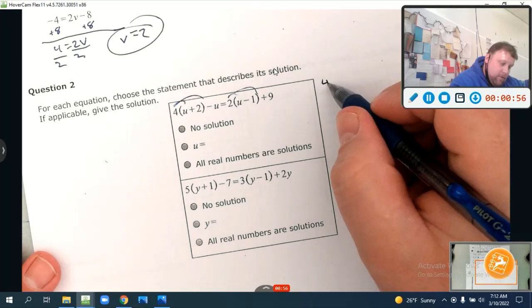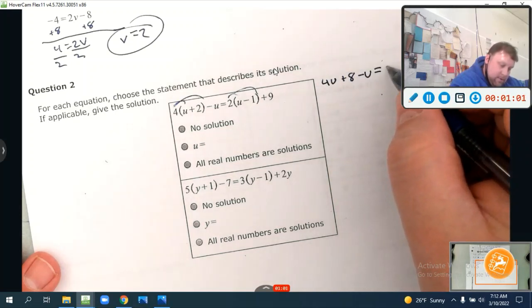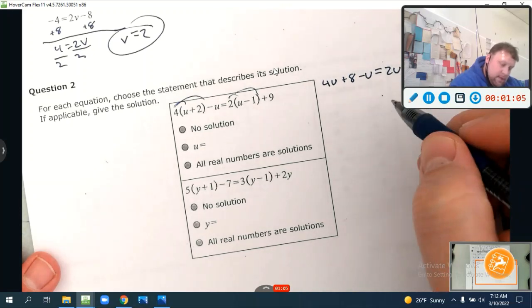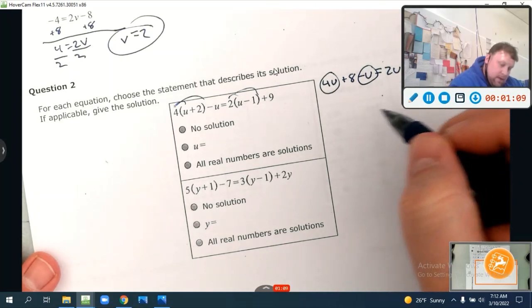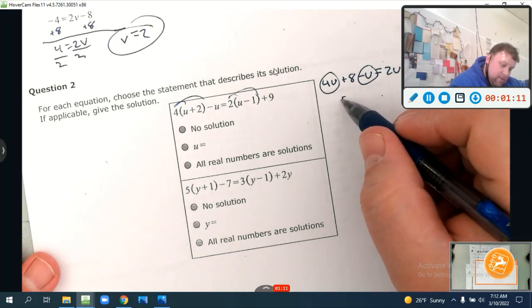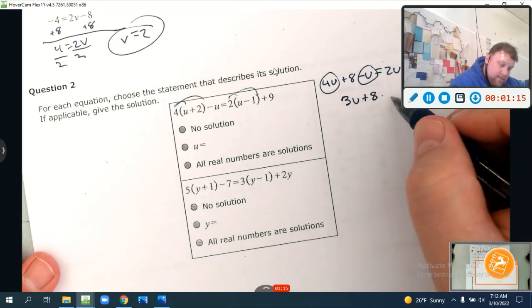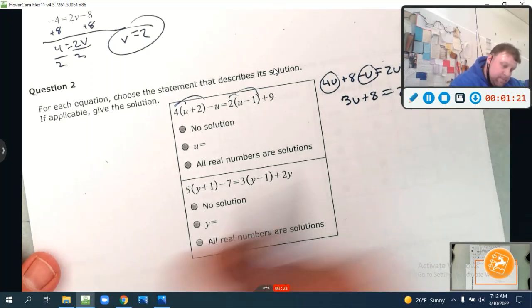So I'm going to get 4u plus 8 minus u equals 2u minus 2 plus 9. Let's combine like terms, 4u and minus u. That's going to be 3u plus 8 equals, and minus 2 and 9 is going to be 2u plus 7.